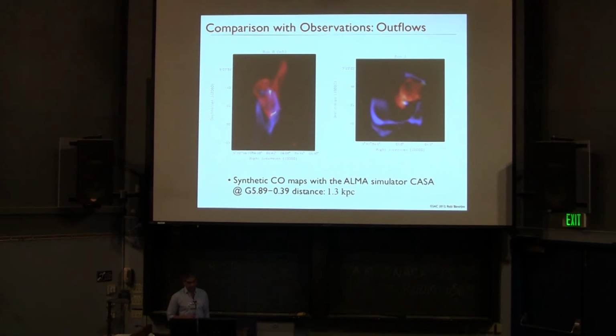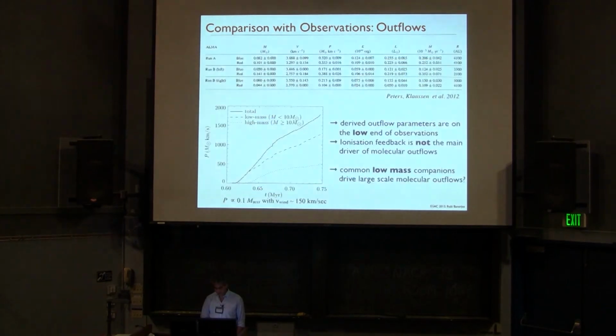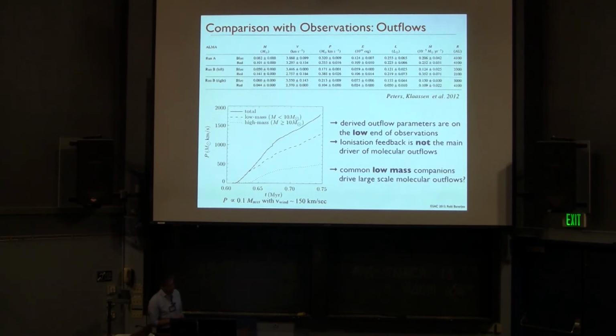And of course, first of all, what you have to do is, again, do synthetic maps, try to put essentially your simulation into the observer space, and then recalculate the typical numbers from these synthesized observations, and then match them to real observations. And this is also work done by Thomas Peters and Pamela Klaassen.